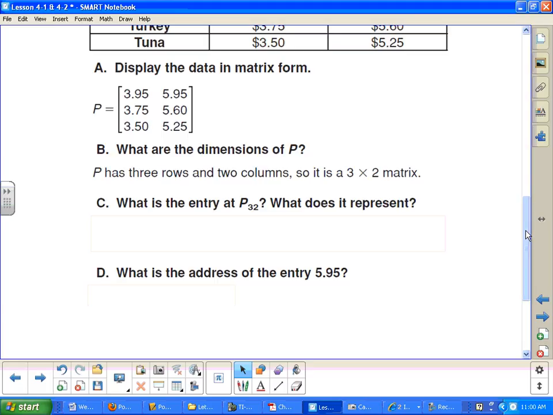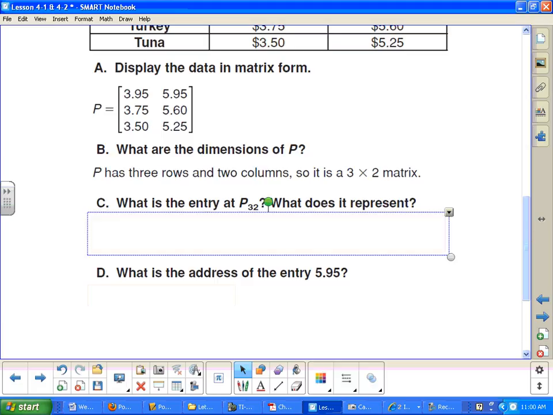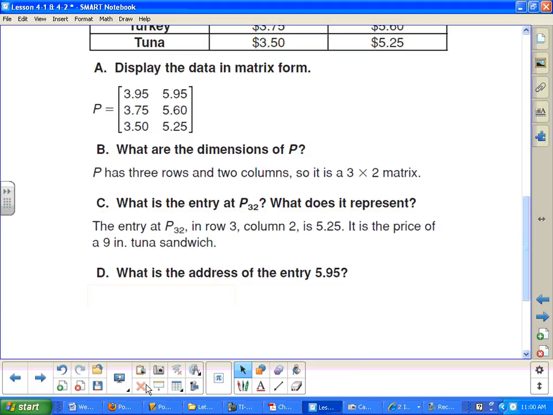The entry at P32, so that means I want to go to the third row, second column, which would be here at 5.25. So what does it represent? It represents the price of a 9-inch tuna sandwich.